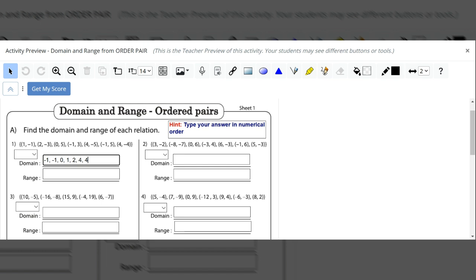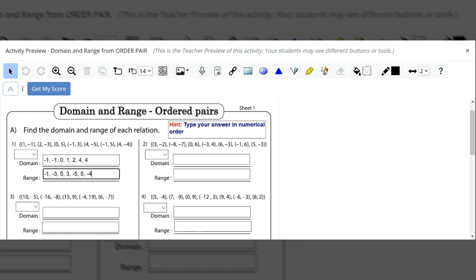Here we go. Let's look at the range. I'm going to start with the smallest number. Let's start with negative 1 first, and then we'll just move later. Negative 1, negative 3. What else? 5, 3, negative 5, 5, negative 4.